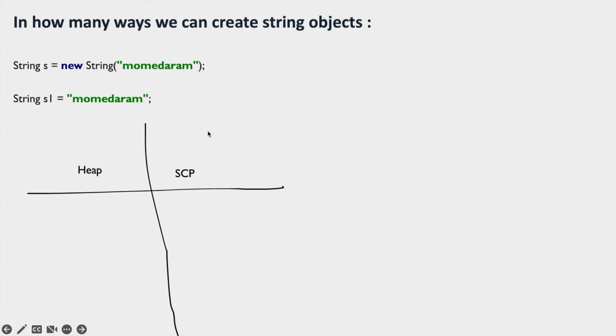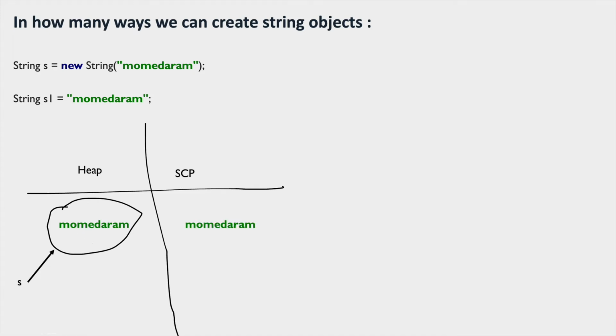Whenever we use the new keyword, the object will be created in the heap memory and assigned to the respective variable, and the same copy of that object will be created in the string constant pool for future purposes.